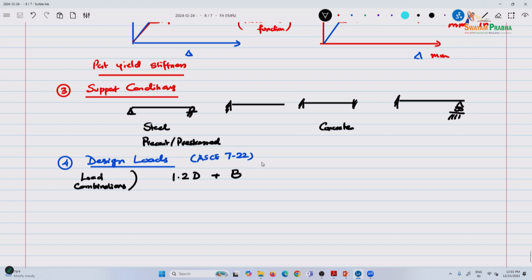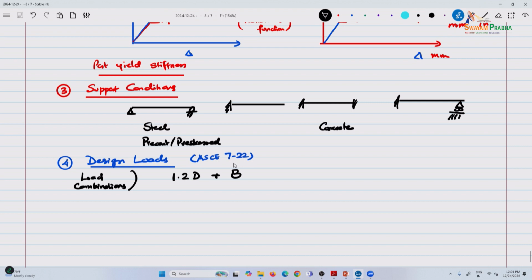So, blast load, because you're already including factors, it's just like wind load. In our case, it has changed. Previously, wind load used to be factored by 1.6, but now the wind speed graphs that we have are already factored.